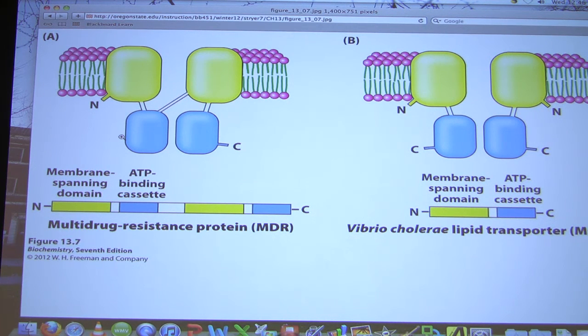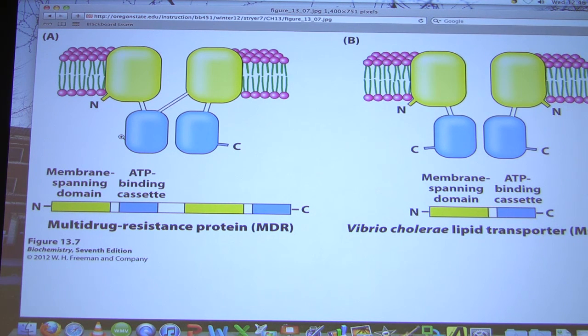Now, there are some very interesting proteins that are ABC type transporters. One of the most interesting ones is this one right here, multidrug resistance protein, also called MDR. There are many versions of this type of protein found in cells almost across all of biology.